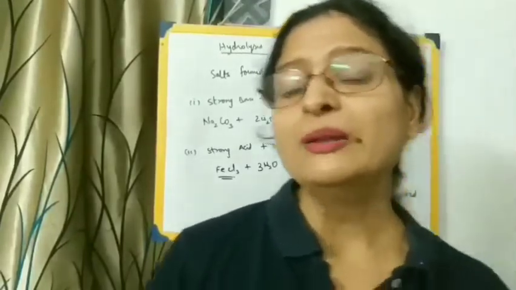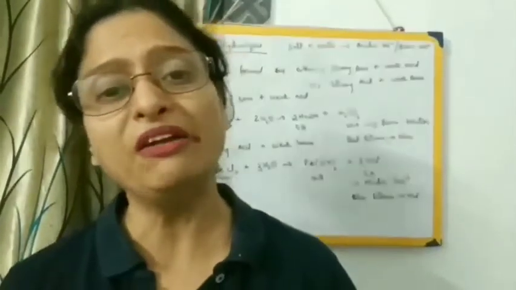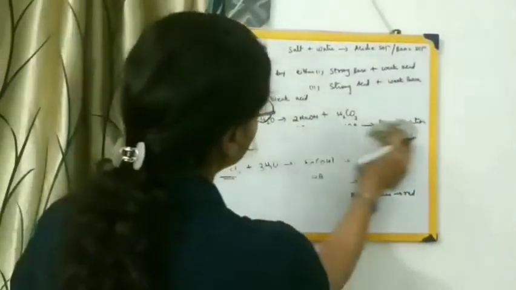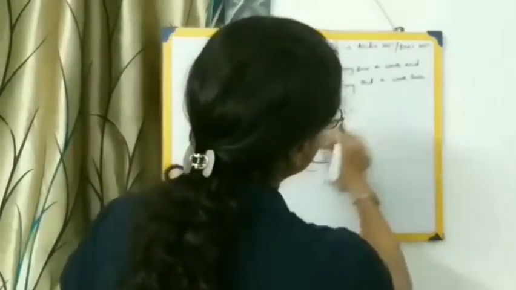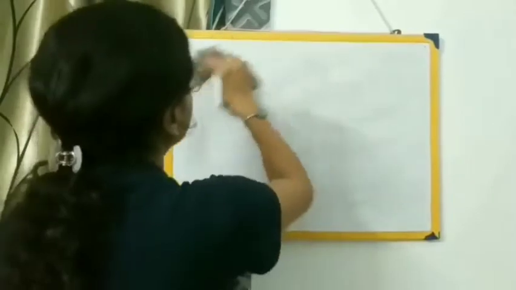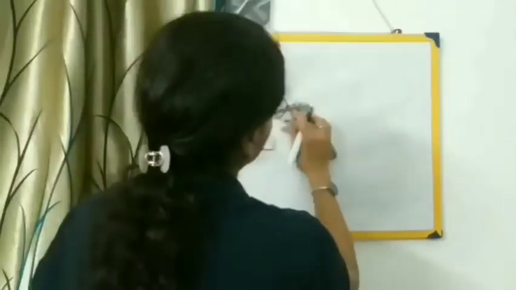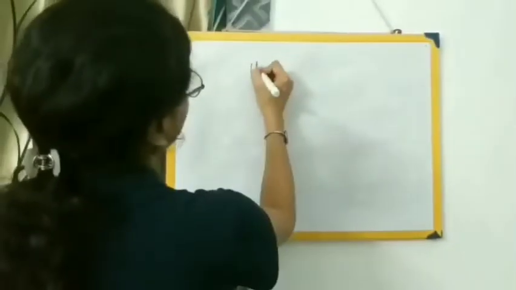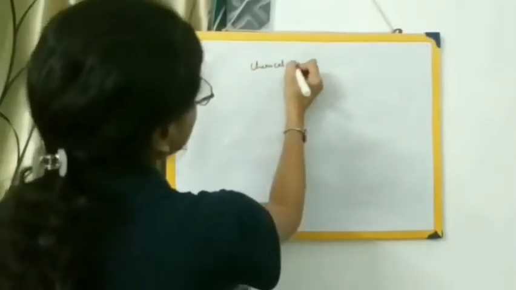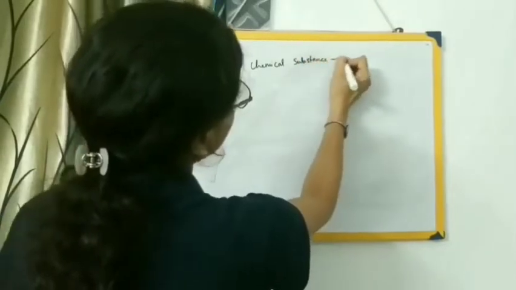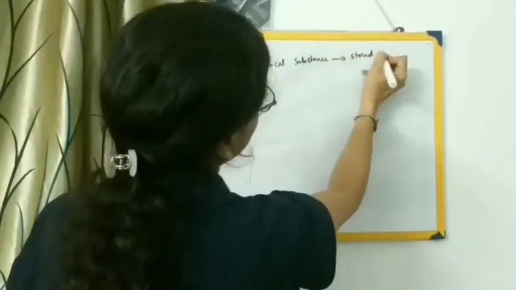First of all, let me tell you, every chemical compound, every chemical substance has some stored energy within it. This energy stored in the chemical substances, we call potential energy.